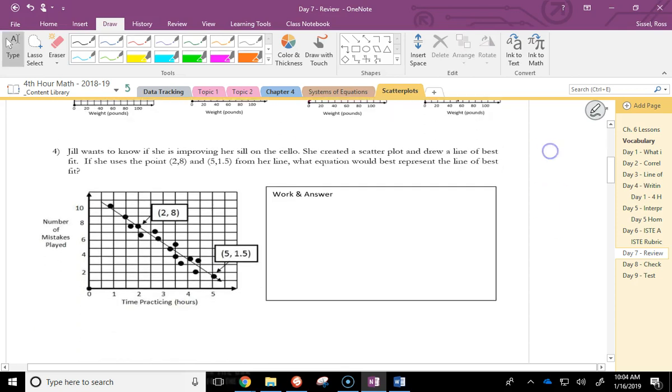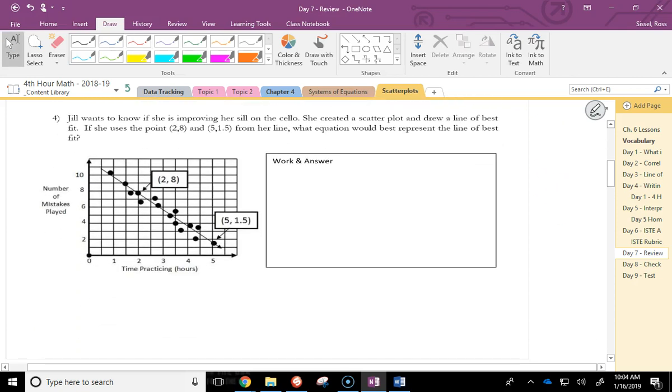Okay, number 4. Jill wants to know if she's improving on her skill on the cello. She created a scatter plot and drew a line of best fit. If she uses the points 2, 8, and 5, 1.5 from her line, which equation would best represent the line of best fit?